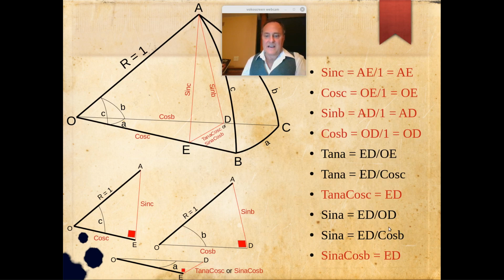And I can isolate ED by multiplying both sides by cosine B. And so I have sine A cosine B is equal to ED. So I've got two values for ED. I've got tangent A cosine C or sine A cosine B. Both of those can be used, and we'll see shortly how to use them. All right. Seems like a lot of work.